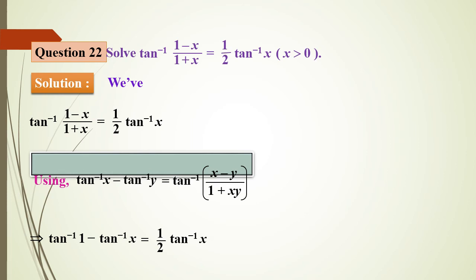The right hand side you write as it is, 1 by 2 tan inverse x. After applying the property and simplifying, you will get the same original term, tan inverse of (1 minus x divided by 1 plus x). The property tan inverse x minus tan inverse y is adopted here.